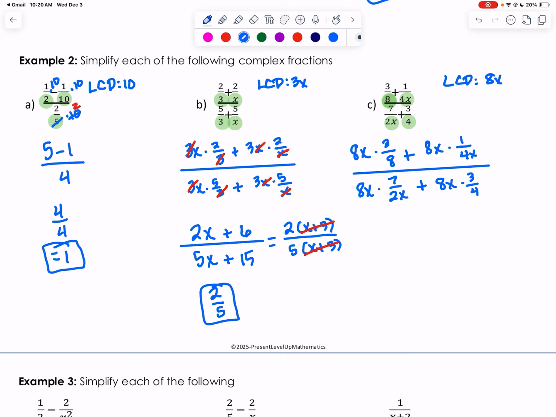All right, now let's cancel what we can. So here, 8 cancels with 8, leaving me x times 2, which is 2x. Our second fraction, the x cancels with the x. The 4 goes into the 8 2 times, which leaves me 2 times 1.